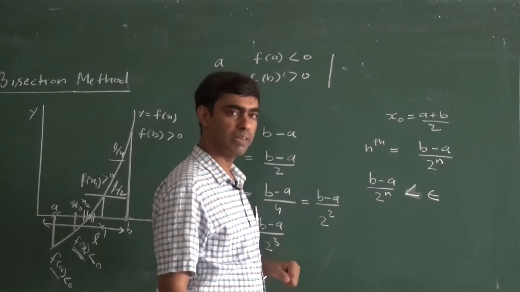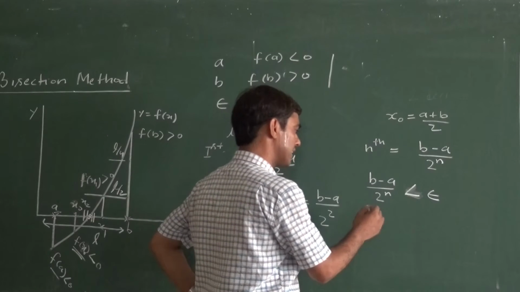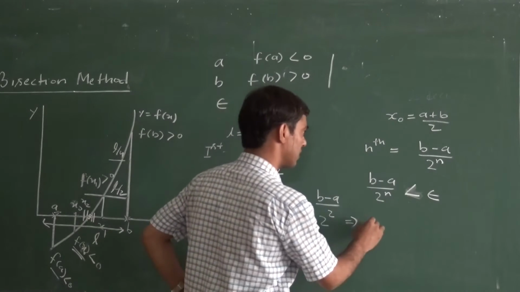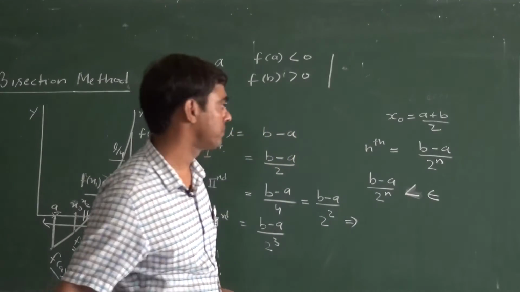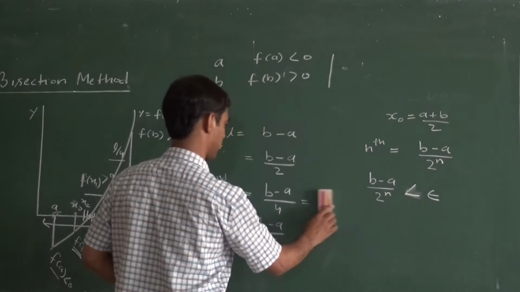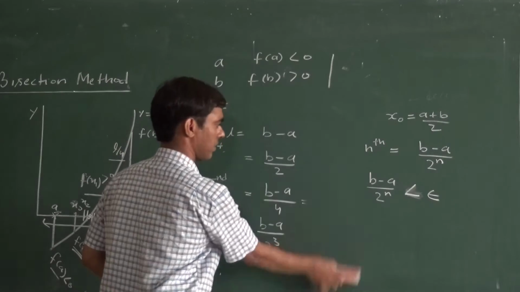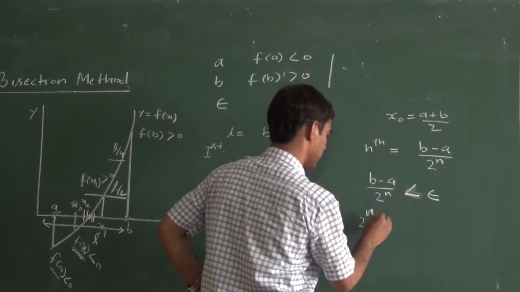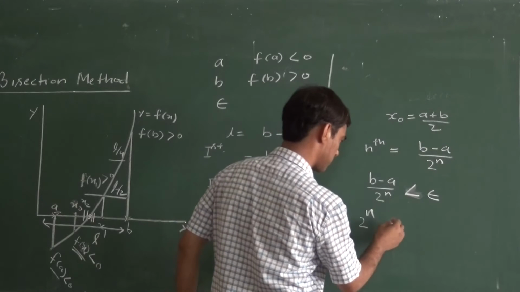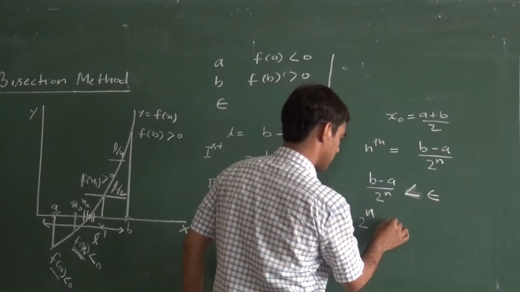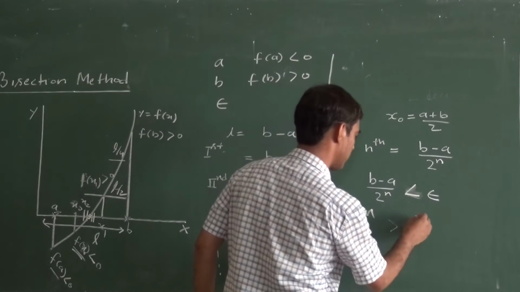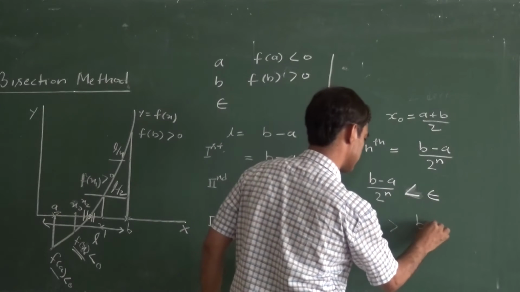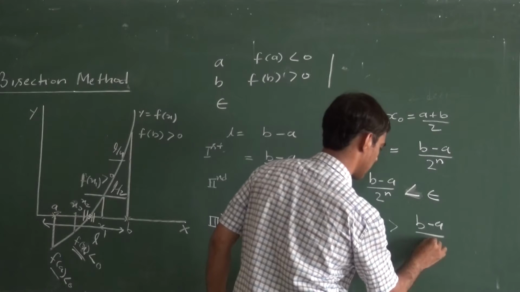Now, how do we find the value of n? Very simple. Here we take a log. If we simplify, 2 to the power n is greater than b minus a upon epsilon.